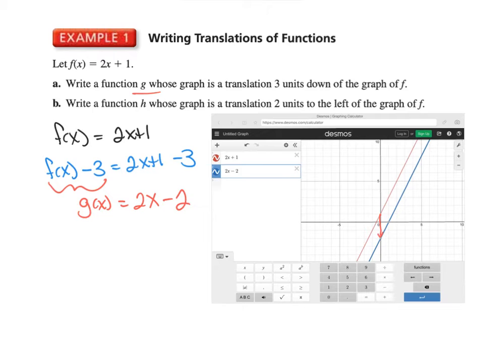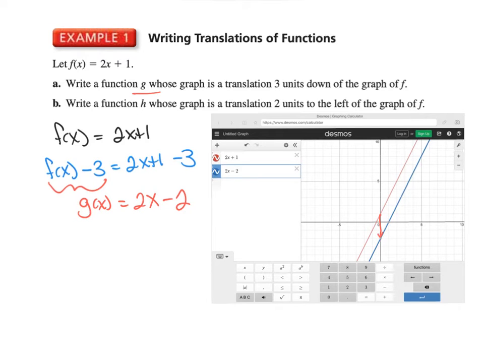So where you see x, instead of writing x, you're going to write x plus 2. And simplify. There you see you need to distribute, 2x plus 4. And then 4 plus 1 is 5, so 2x plus 5. They want us to call this part h of x. So that is h of x.